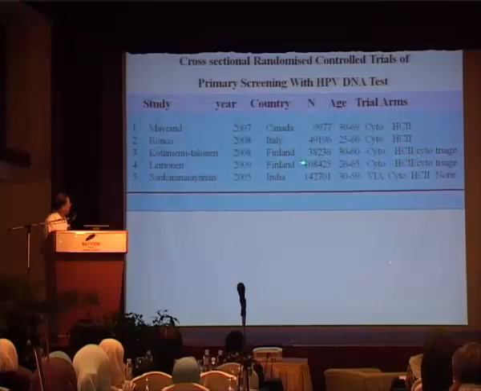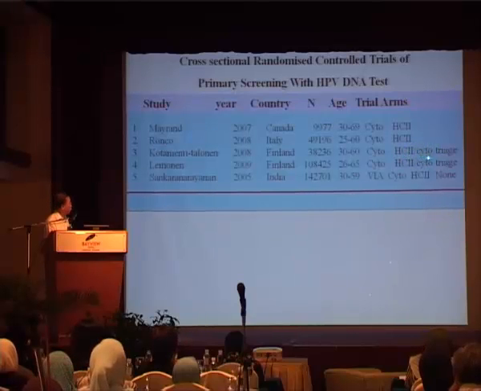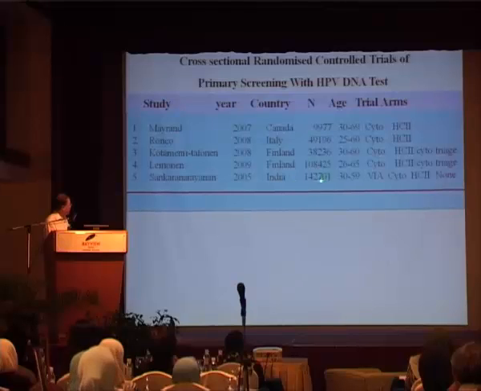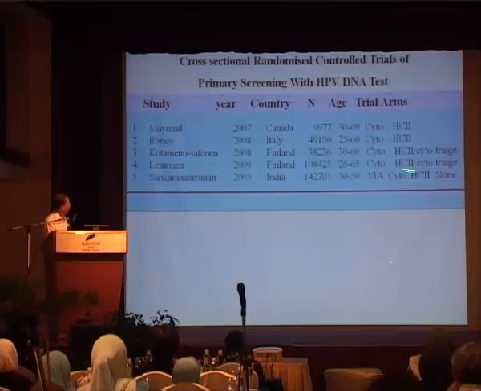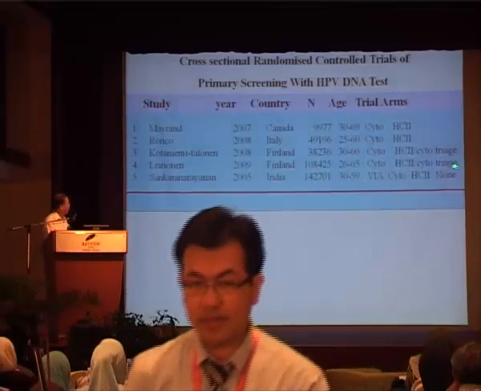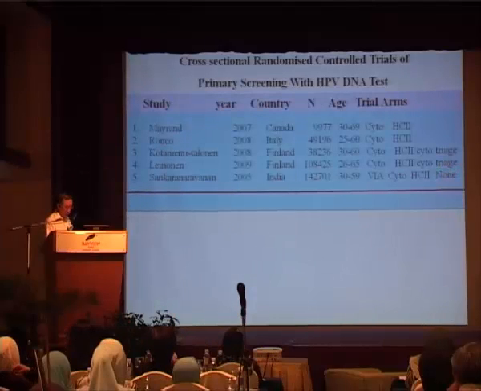In these 2 studies, these are FIN studies, cytology was used as a triage. It means that for HPV positive women, cytology is used to decide the management. The SENCA study from India, which is the largest study, also includes 2 other arms, VIA as well as no screening as a control.